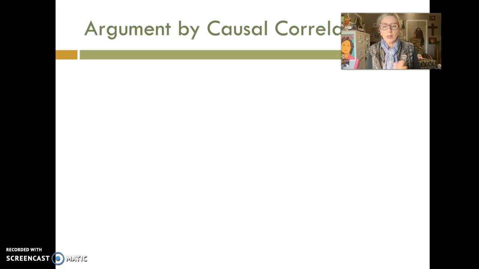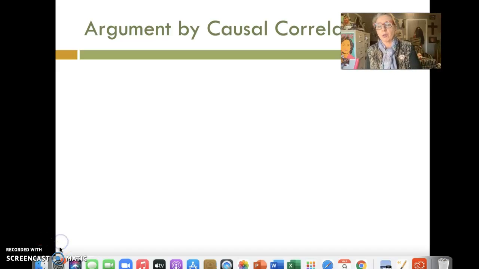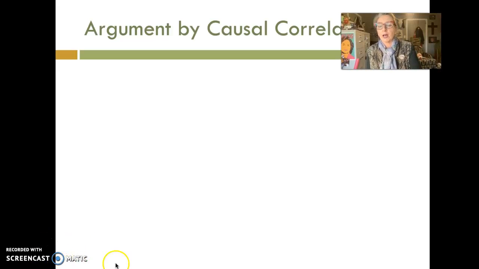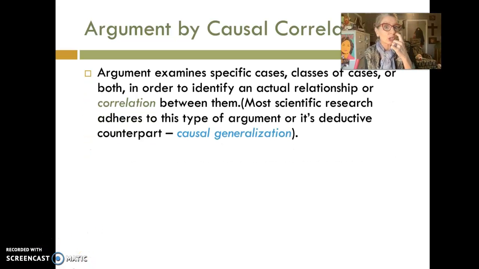All right, so what does that mean? Remember, correlation means relationship. This kind of argument examines specific cases, classes of cases, or both, and the point is to identify a relationship or correlation between them.